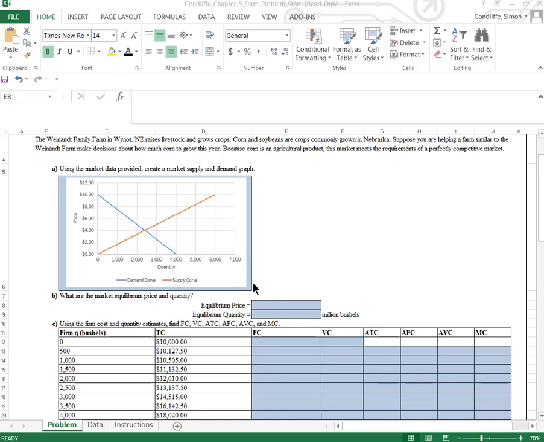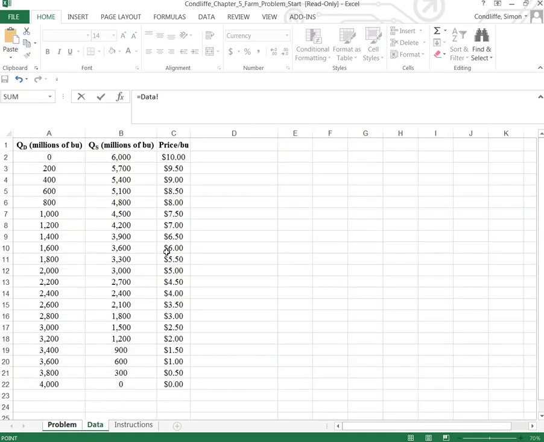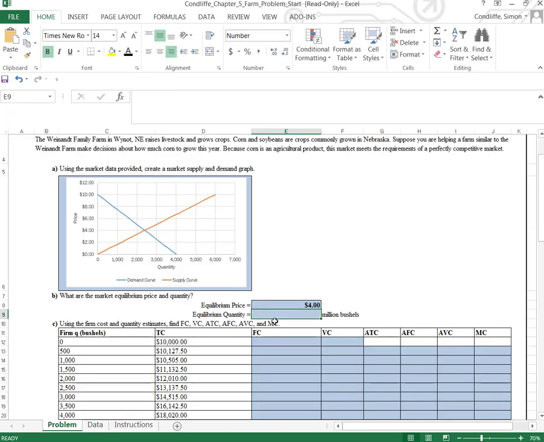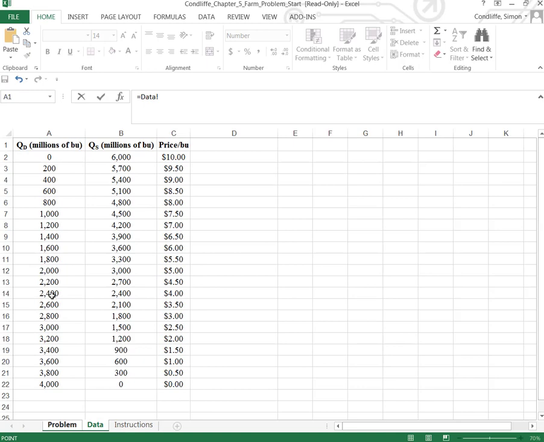So we're going to use a cell reference here. We'll reference the price in the data sheet, and for the quantity we'll reference that in the data sheet also.